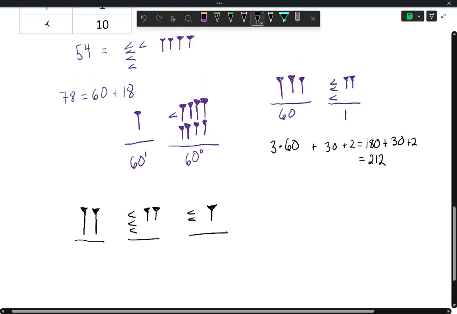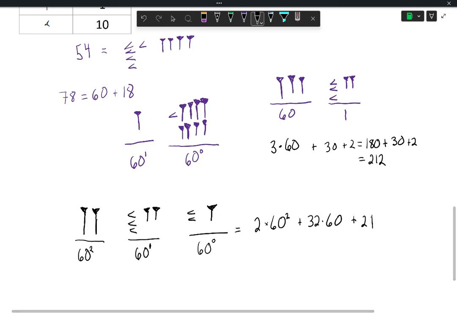The one at the far right is going to be 60 to the 0th power, or my ones, then 60 to the 1st power, and 60 to the 2nd power. So this equals 2 times 60 squared plus 32 times 60 plus 21.